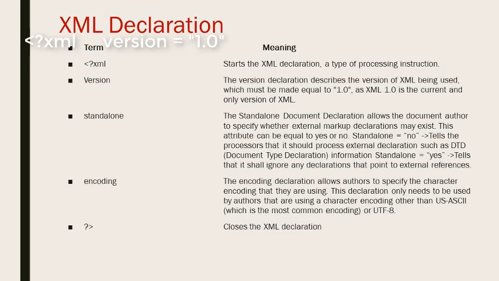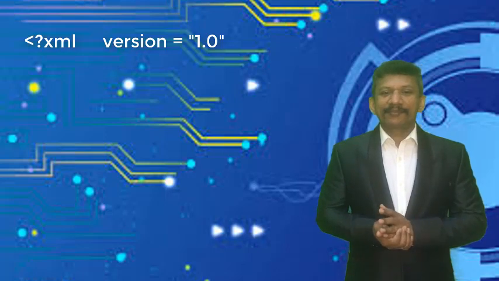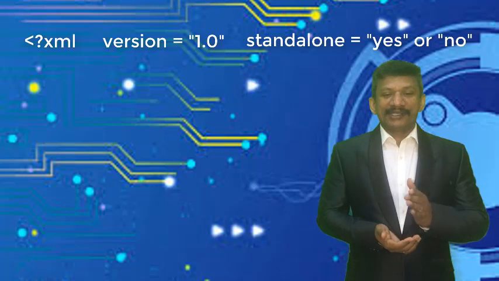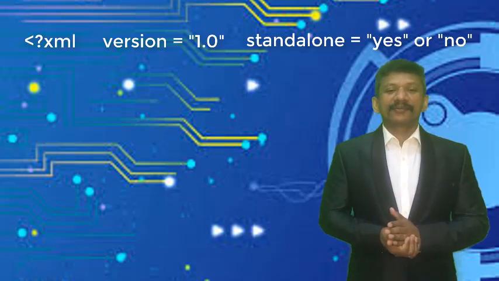And then you can see an attribute called standalone. Standalone is a very special attribute. Usually for XML documents, to make them valid, we can have a document type definition or an XSD, a schema definition, a type definition document or a schema definition document.